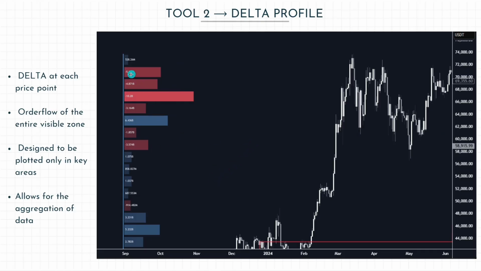So it is available there. I'm sure if you just search delta profile, you'll be able to find it. I can take a look later and post it in the Discord for the exact name, but I wouldn't know right now just because I don't actively use TradingView.